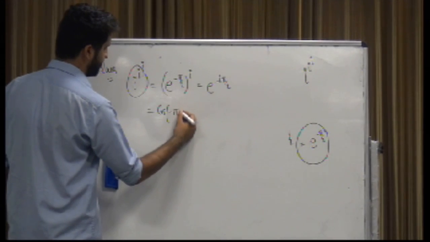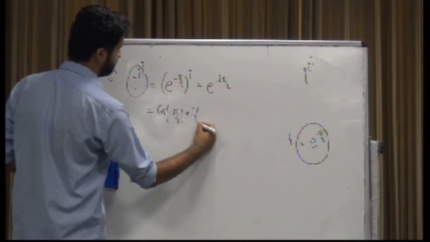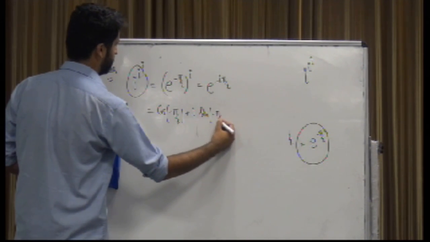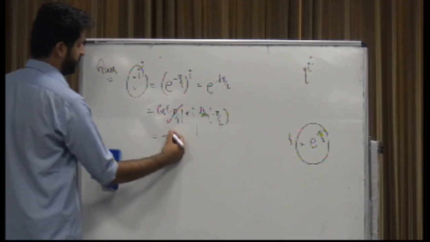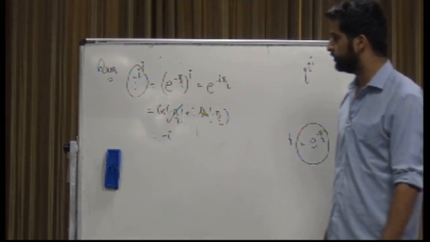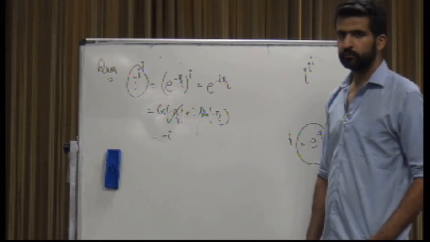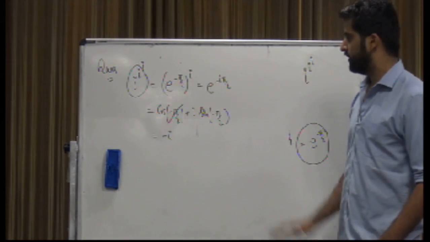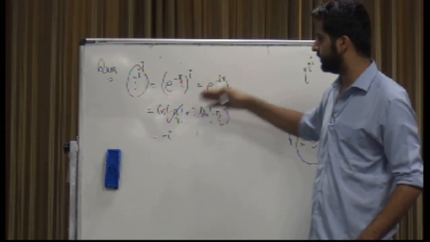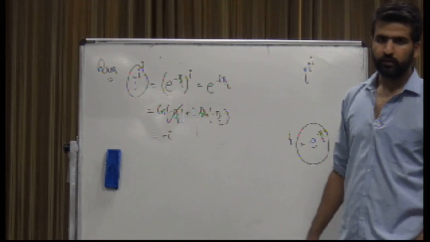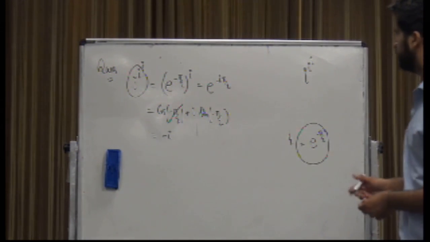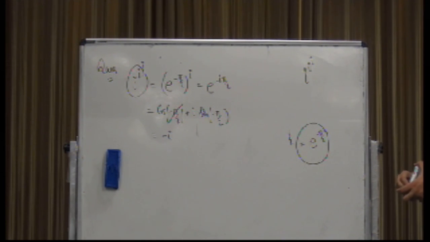Okay, cos minus pi by 2 plus iota sin minus pi by 2, which is equal to minus iota. Understood? Whenever we have e to the power iota theta, we can write this as cos theta plus iota sin theta. So that's how we wrote this. Okay.